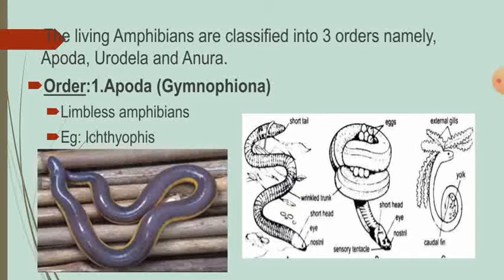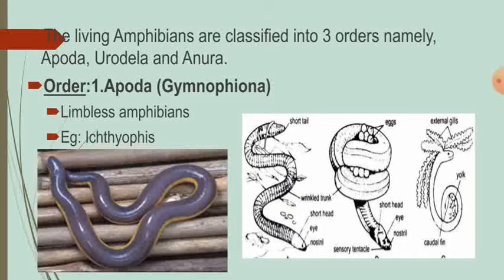In Ichthyophis, limbs are absent and the body is divisible into head and trunk. You can see the head and trunk. These Apodans have a long worm-like body, which is marked externally by ring-like grooves.